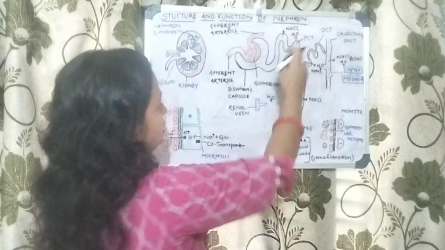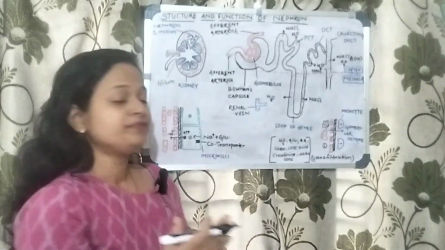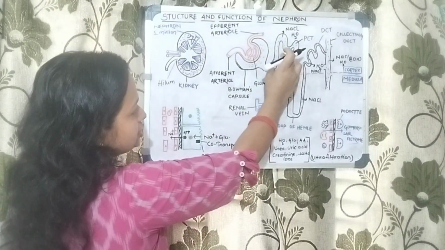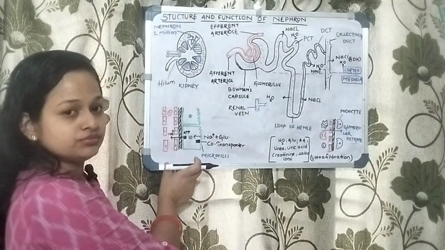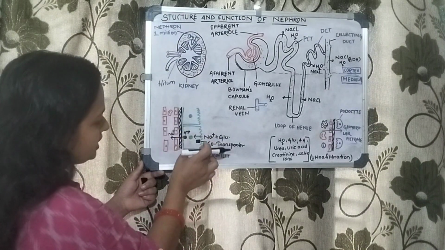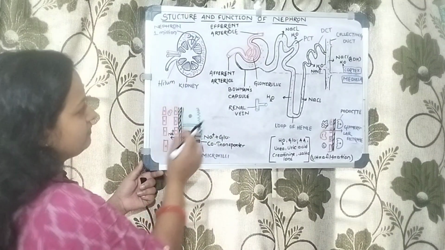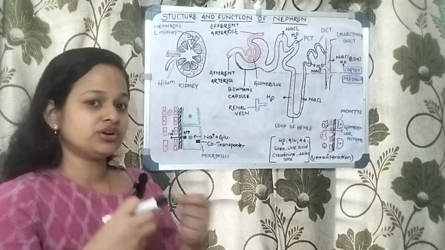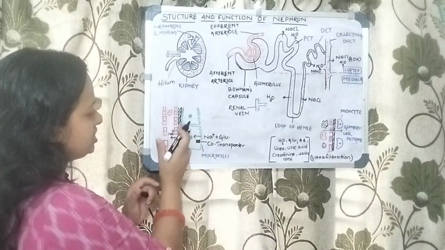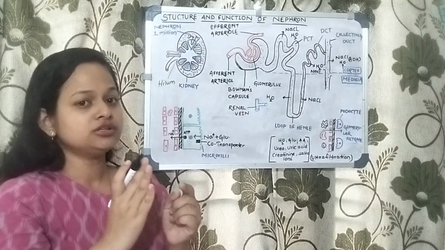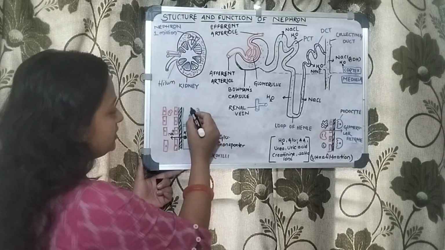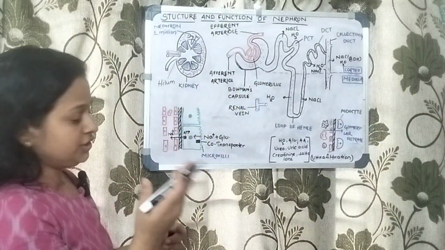And the inner lining of this proximal convoluted tubule is lined with microvilli. If I zoom in on the part of the proximal convoluted tubule, you can see this is the tubular region and this is the blood capillaries that surround the tubule, and this is the basement membrane present in between the tubule and the blood capillaries, and these are the microvilli of the proximal convoluted tubule.